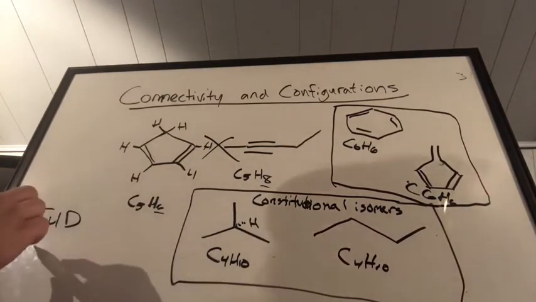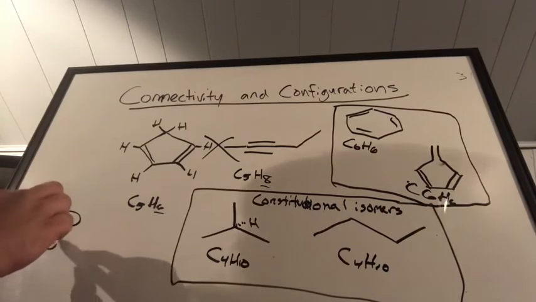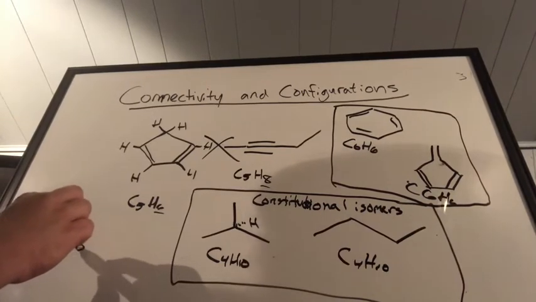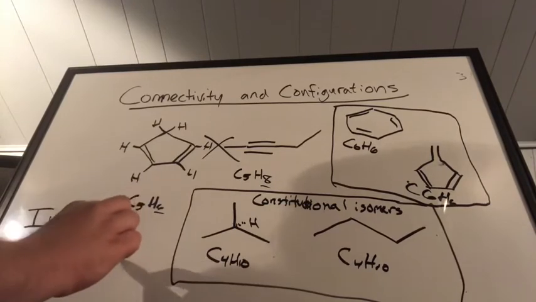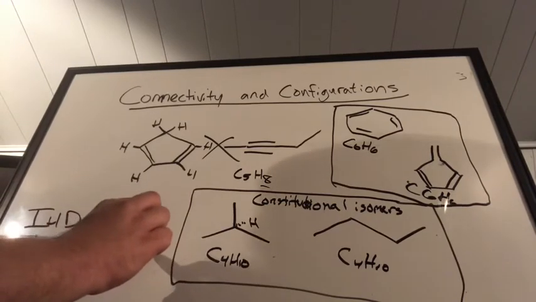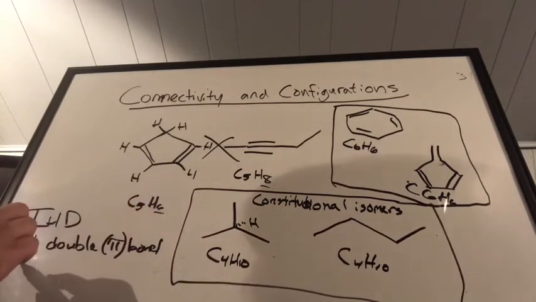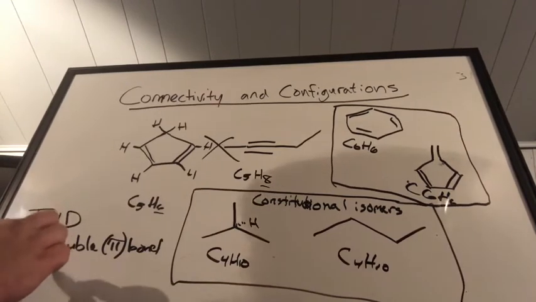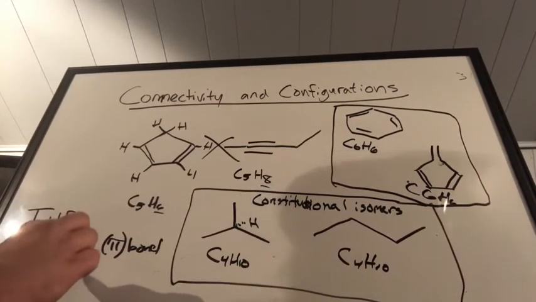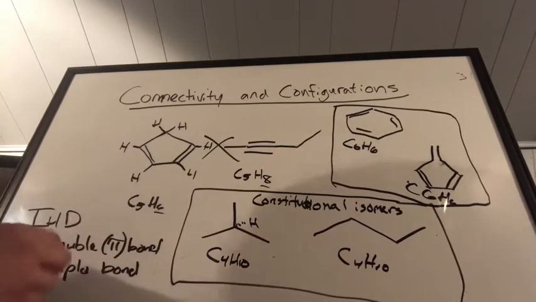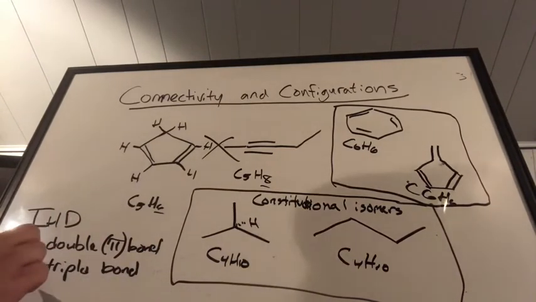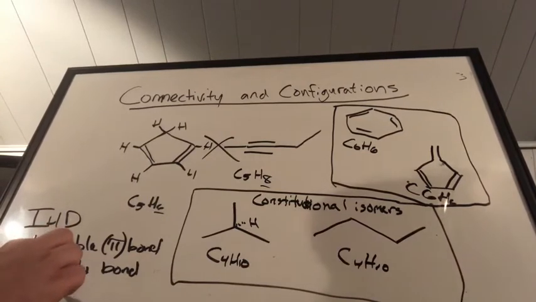Okay, so it's going to be one double bond, or one pi bond, okay, or half a triple bond, okay, or one ring. Okay.